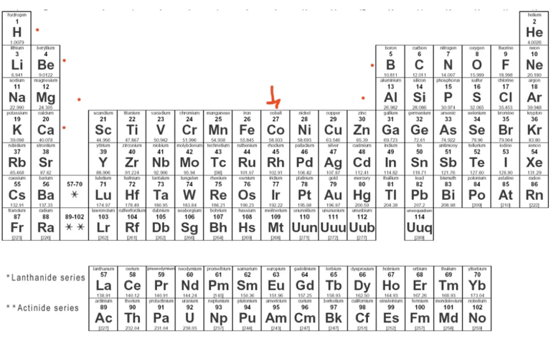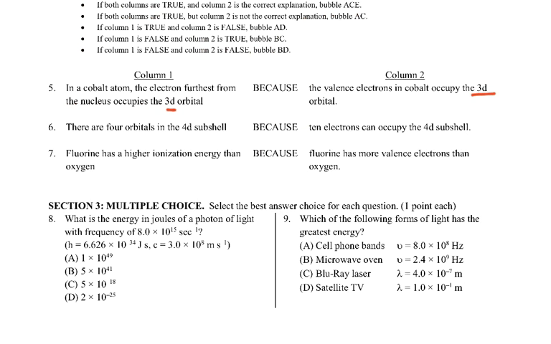So the valence electrons are going to be out here in the 4s. So let's go back to here. The furthest from the nucleus, no, they have electrons in the 4s, so that means that the 4s are going to be farther out than the 3d. You know, 4th floor electrons are farther out than 3d, so that's false. And the valence electrons occupy the 3d, that's also false. This is a false statement.